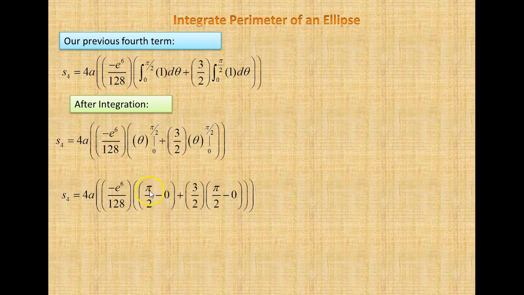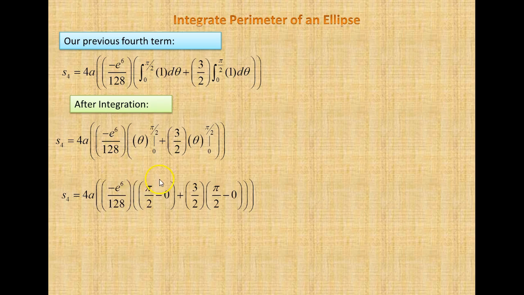So we get all of this times 1/8, theta from 0 to pi over 2 plus 3/2 times theta from 0 to pi over 2.